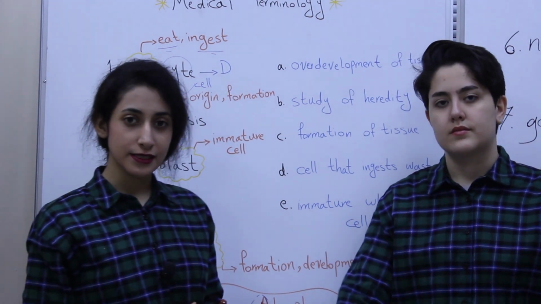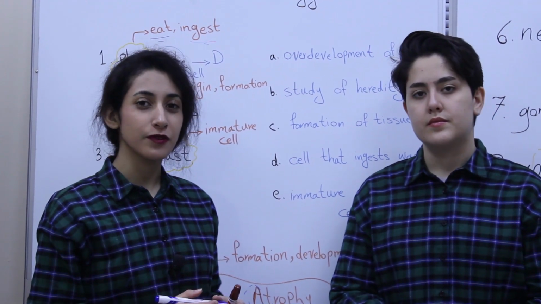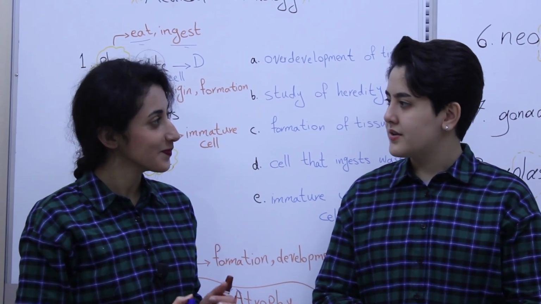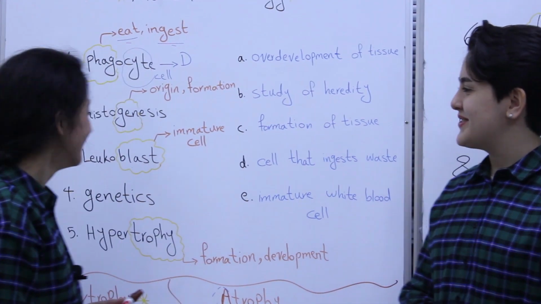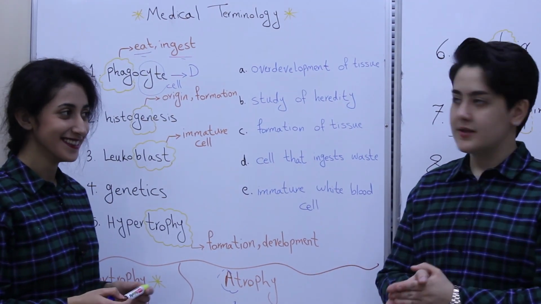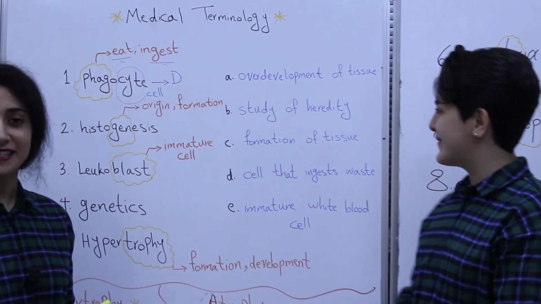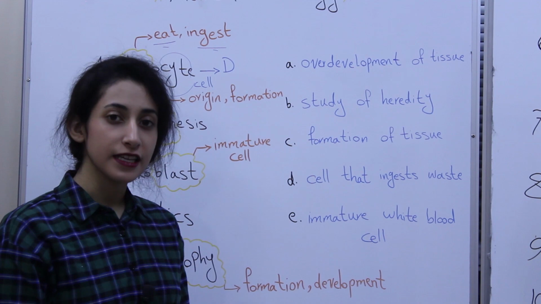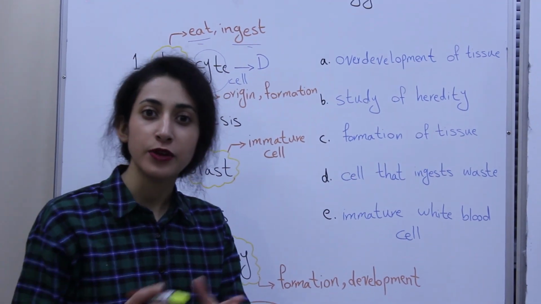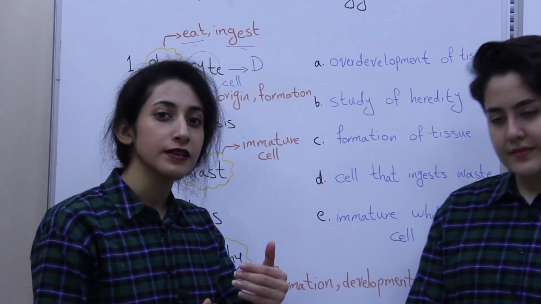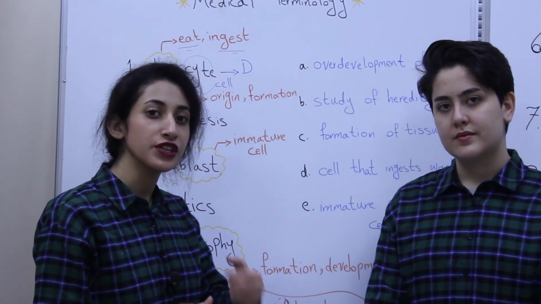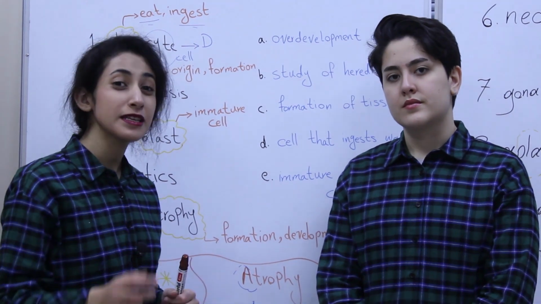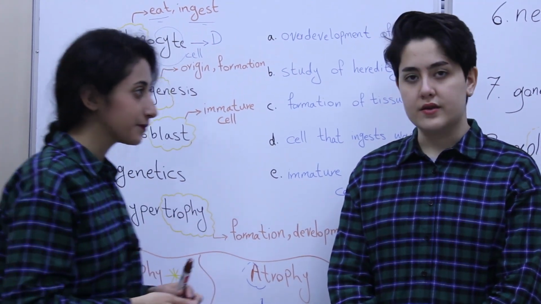We have a process in our body that we call phagocytosis. Have you heard about phagocytosis? Yes, of course. But I want to hear more about it from you. Phagocytosis is the process that happens in our body, where the cells, especially our immune cells, eat and ingest foreign molecules and pathogens with the plasma membrane. Yes.